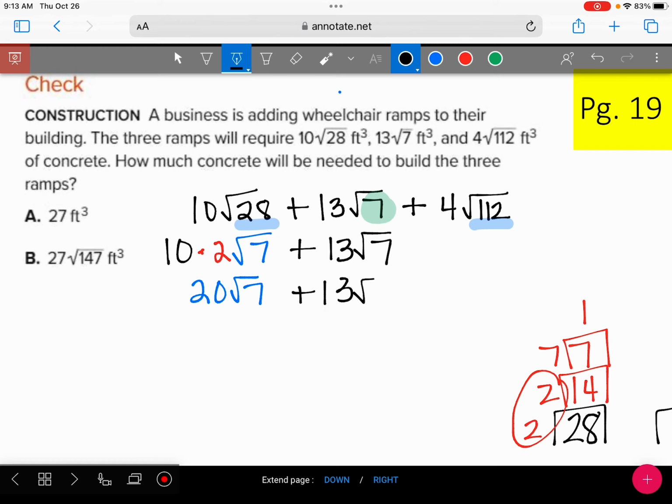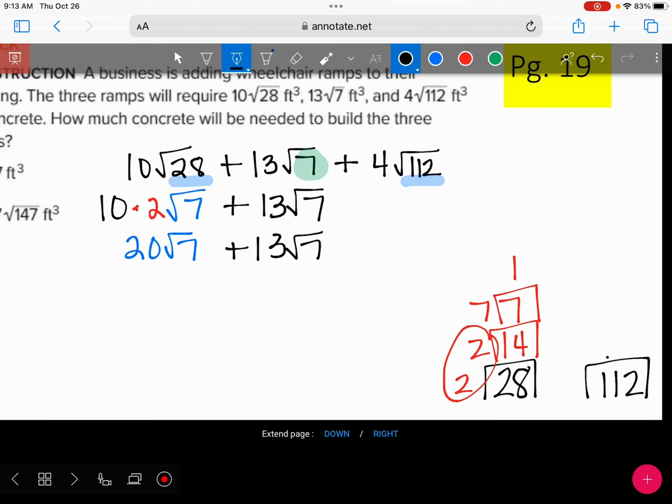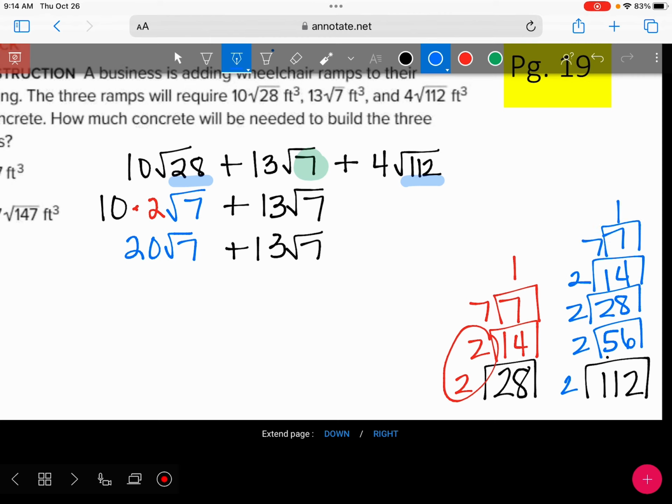And now let's do our 112. All right, so 2 goes into 112, I think that's 56. And then 2 goes into 56, 28. And then 2 goes into 28, 14. And then 2 goes into 14, 7. 7 goes into 7 one time. So I have 2 pairs that get to come out. So that means I already had a 4, but I'm multiplying it by 2 twice now.